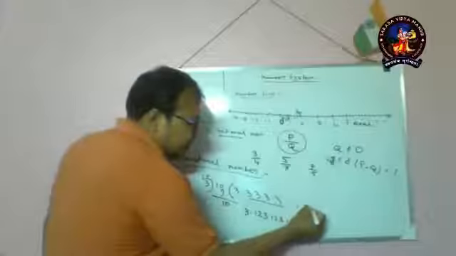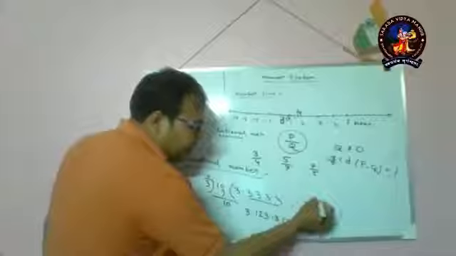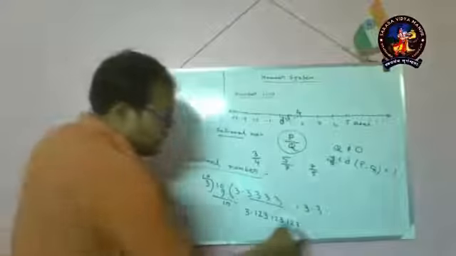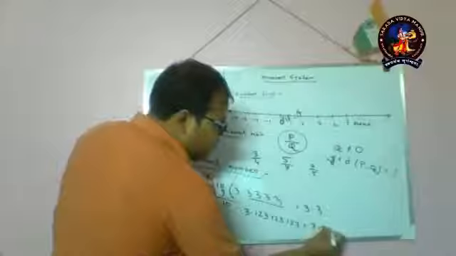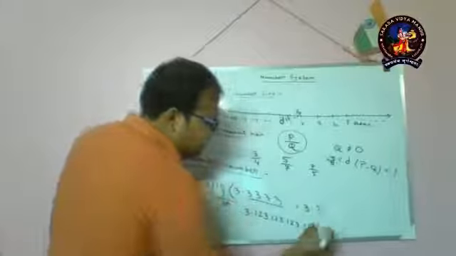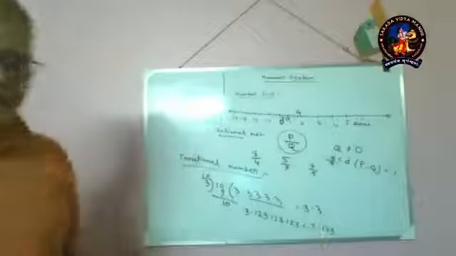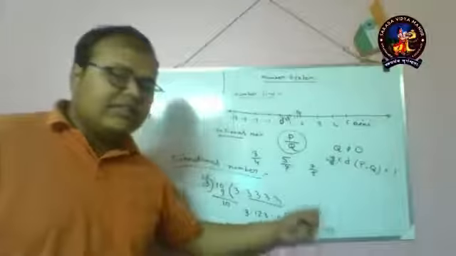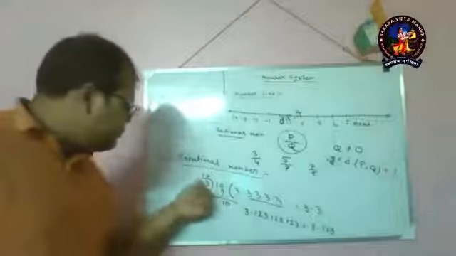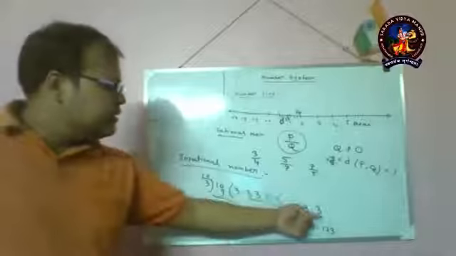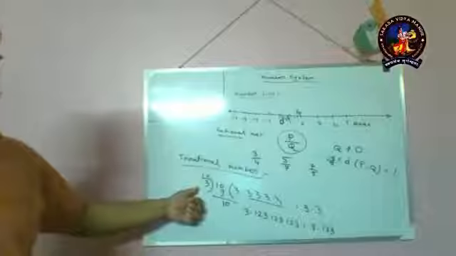It can be written as 3.3 recurring, and 3.123 with 123 recurring. If it is a recurring decimal, then it is also a rational number because it can be expressed in the form p by q; 3.3 recurring can be expressed as 10 by 3.